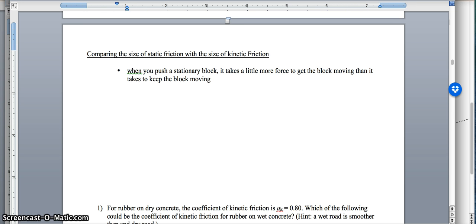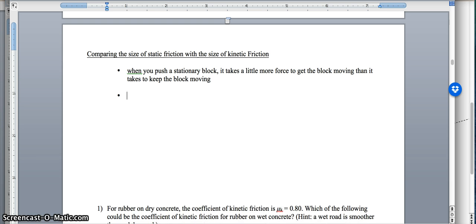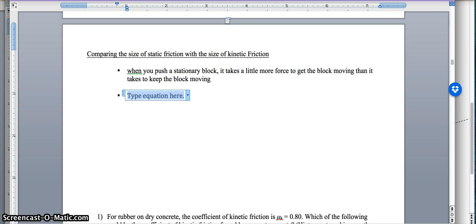The reason why this is true is because the coefficient in general, mu s, is bigger than mu k for most surfaces.